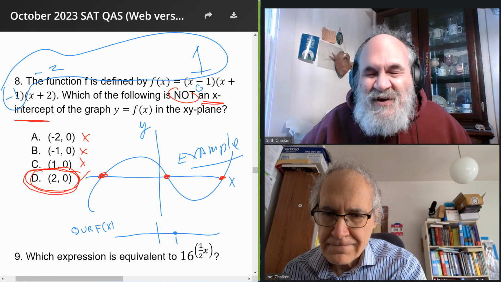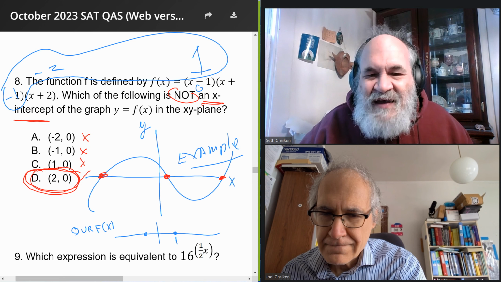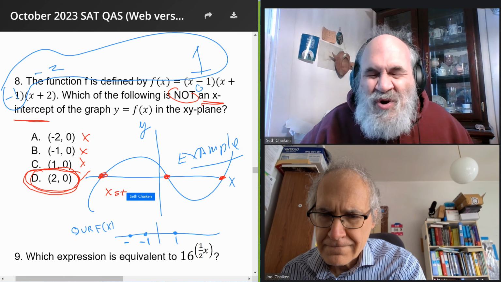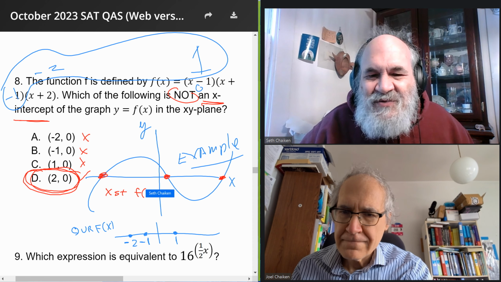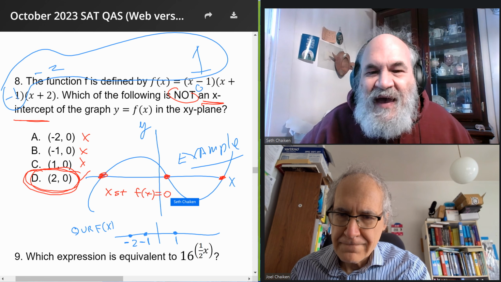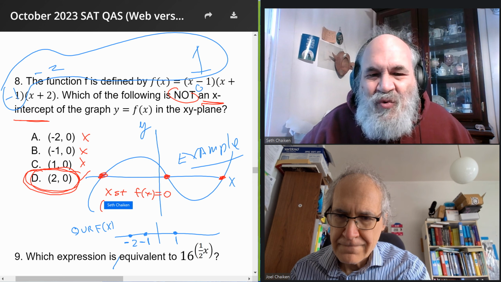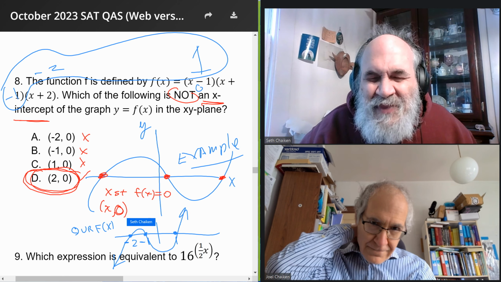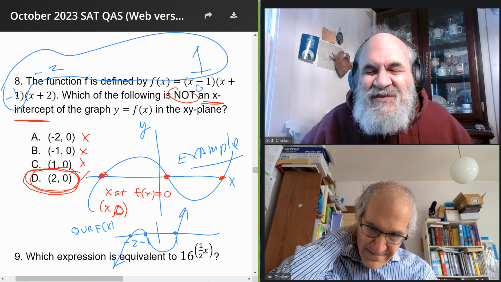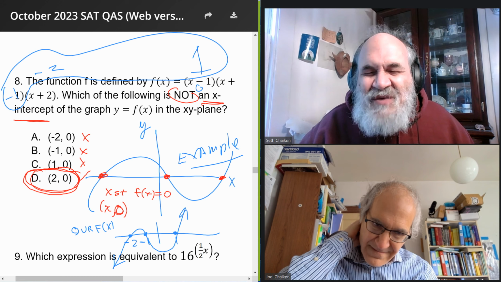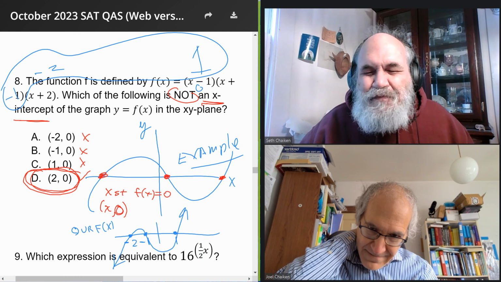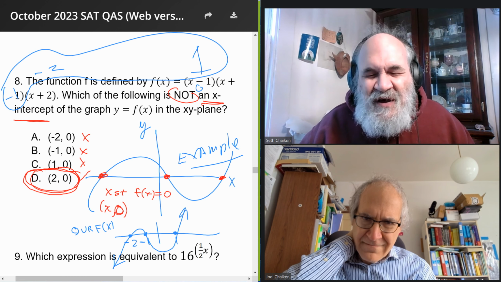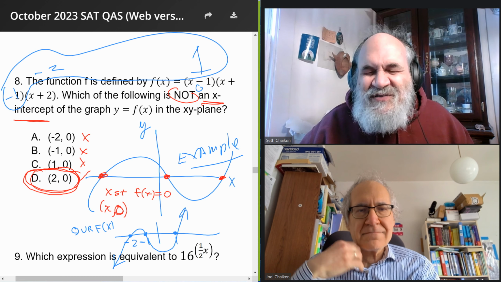Number 2, they're on the curve. Number 3, the x-coordinate is such that f of x equals 0. And those points have coordinates x for the x-coordinate, and the y-coordinate is 0. So all of these relationships are part of the idea of x-intercept.